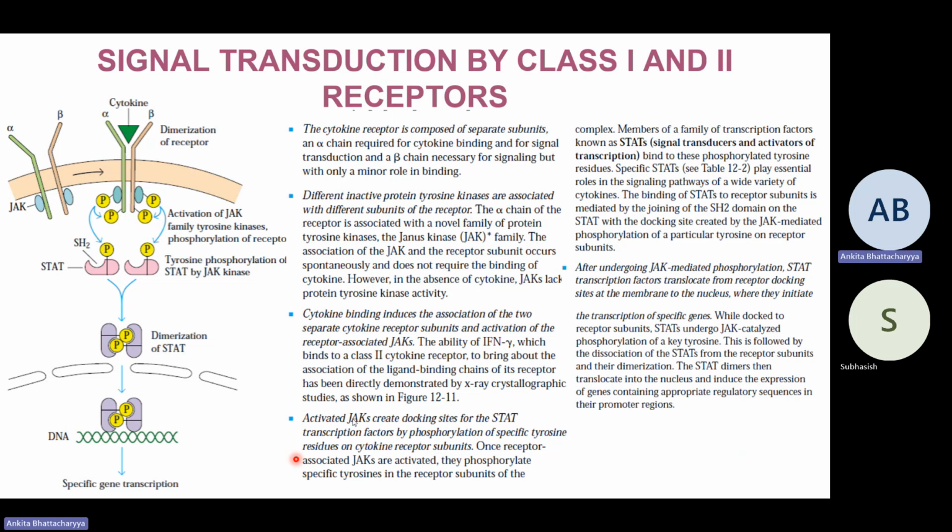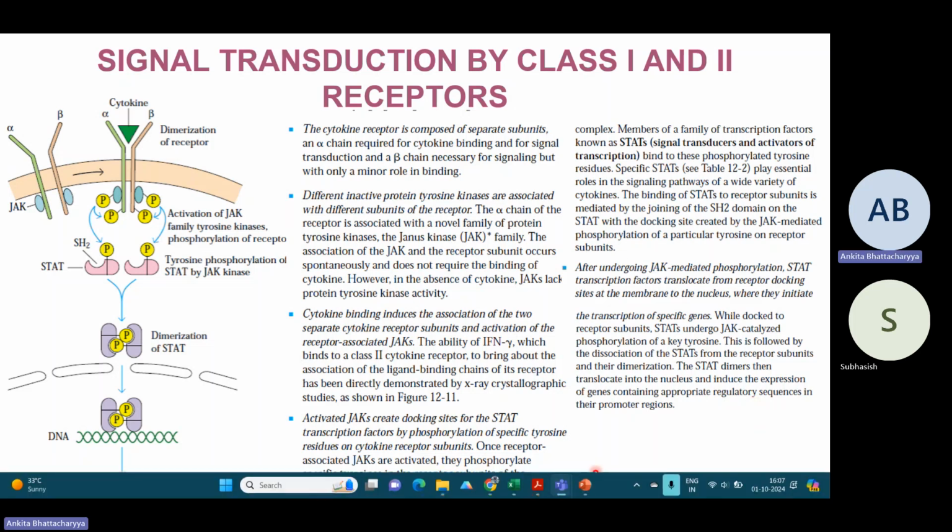So I'll simultaneously read out from the legend and also the figure for ease of understanding. So we start off, of course, with the receptor from the cell surface because that's where the stimulus must arrive. The cytokine receptor in this case, of course, is composed of separate subunits.